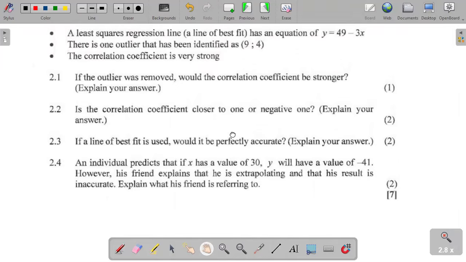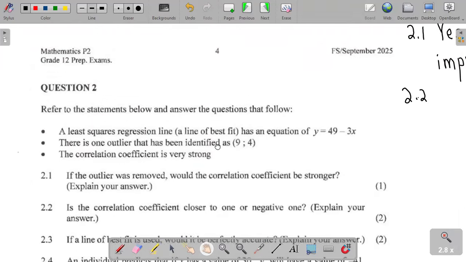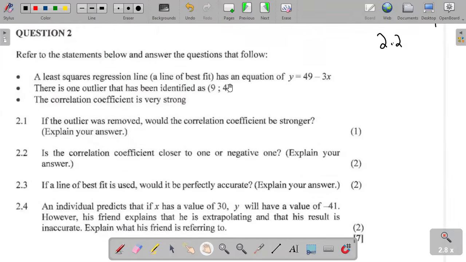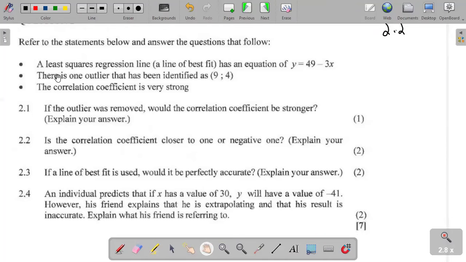So we look at the equation. Here we must look at the least squares regression line. We can see that it has a negative gradient.